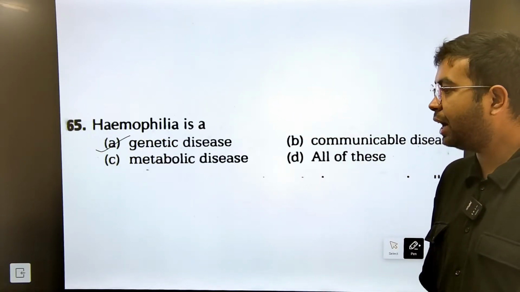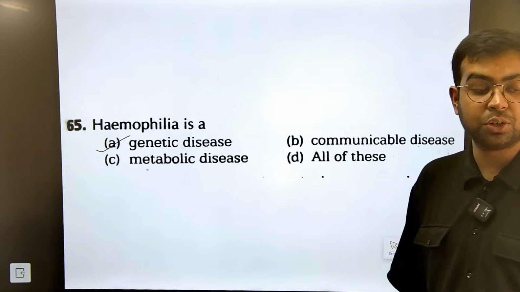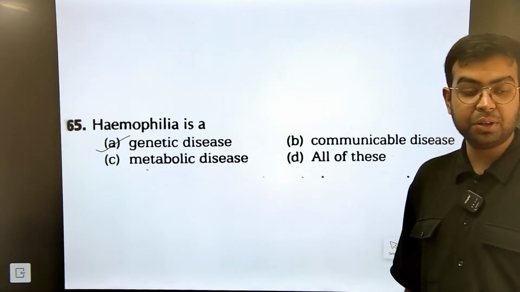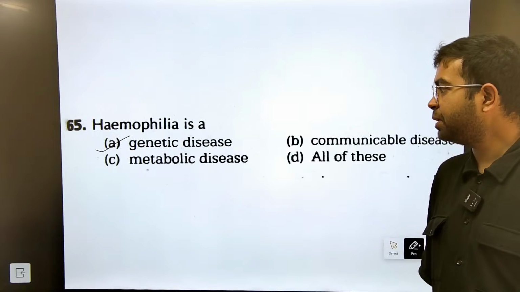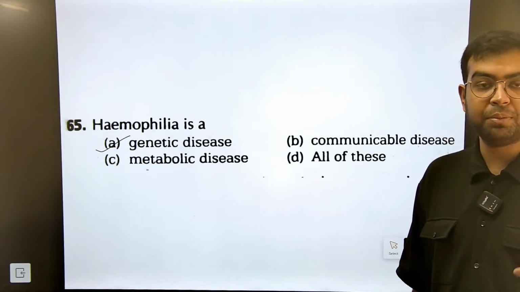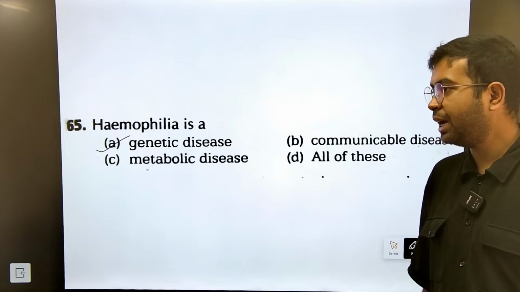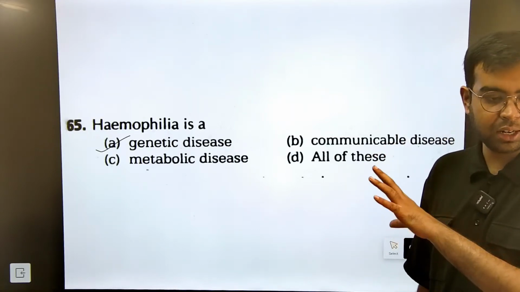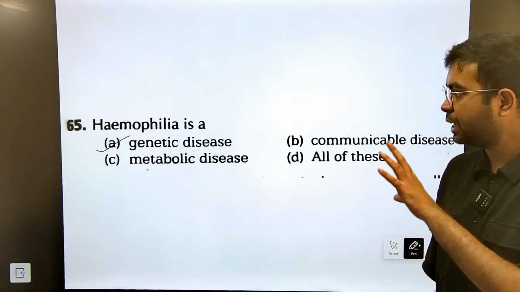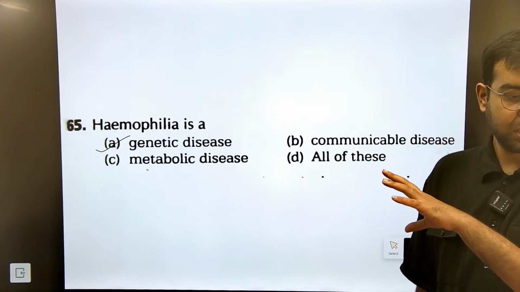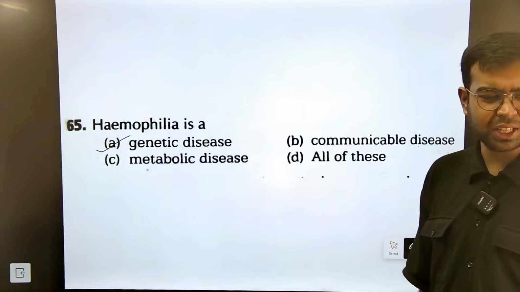Another name for hemophilia is the royal bleeders disease. Why? Because the royal family of England has a tradition of inbreeding. They usually marry within their family only. So because of this particular practice in the royal British family, hemophilia has become a kind of prevalent disease in their family. And I think Queen Victoria also had this disease.